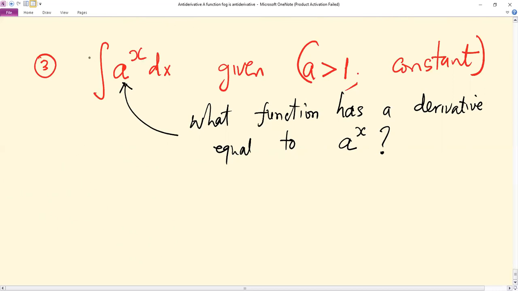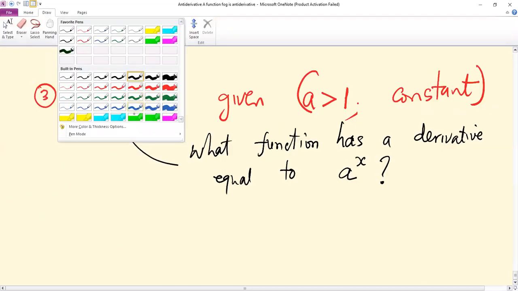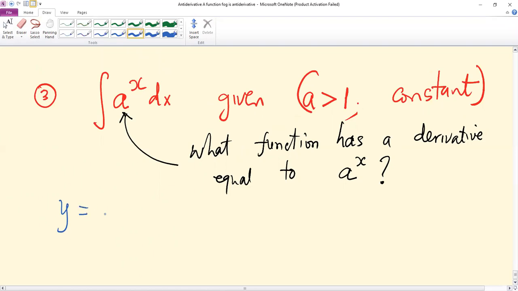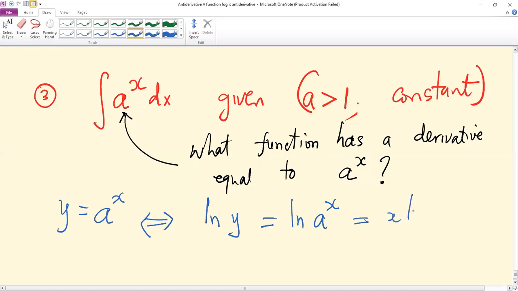Now let's do some recap on what we did on differentiation. So if y is given by a raised power x, then this is how we carried out the differentiation. You introduce ln on both sides. So you say ln of y equals ln of a raised power x. And using laws of logarithms, you drop the power, we have x ln of a.